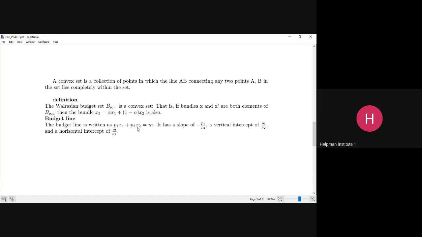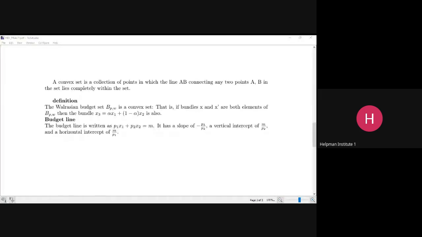Substituting into the formula, I will have this expression m over p2. So that is my vertical intercept. To get my horizontal intercept, all I need to do is to put x2 to be 0. Then I will have my horizontal intercept. So these are the slope and intercepts.